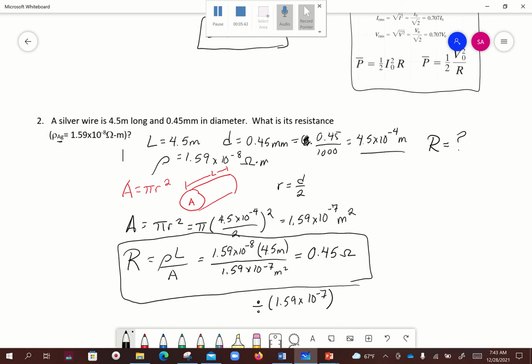Or what your calculator will do if you don't do that is it's going to multiply by times 10 to the minus 7 instead of dividing by times 10 to the minus 7, and you'll get the wrong answer. Another thing to do is if your calculator has a button that has EE, if you do 1.59 EE minus 7, then your calculator automatically ties those things together and it never messes up.